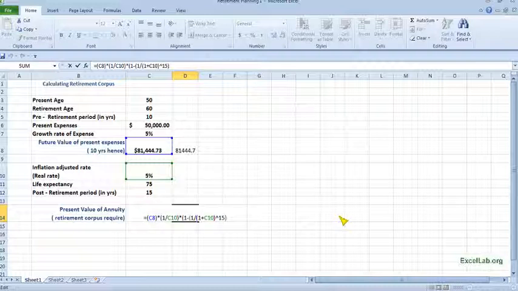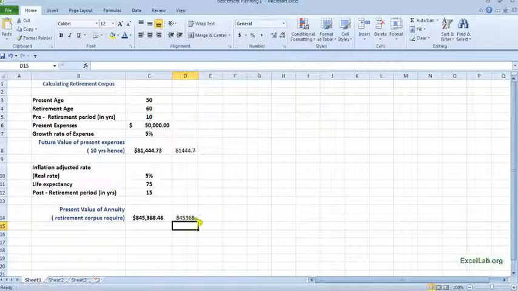Sorry, I forgot to put the parenthesis. Now it's fine. Yeah, so we have the same answer, the same solution, if we write the formula also. So it is close to $0.85 million.